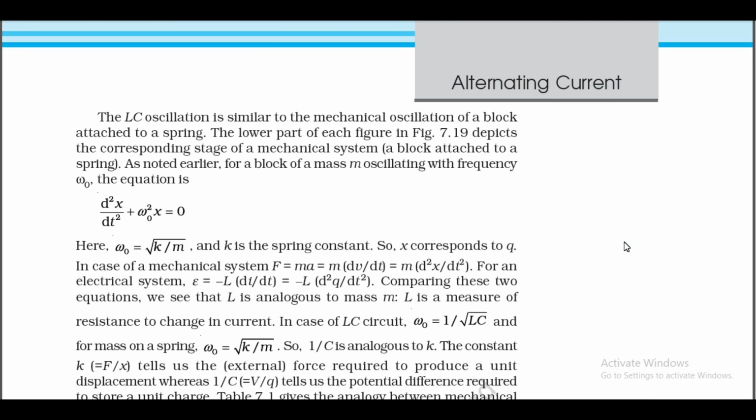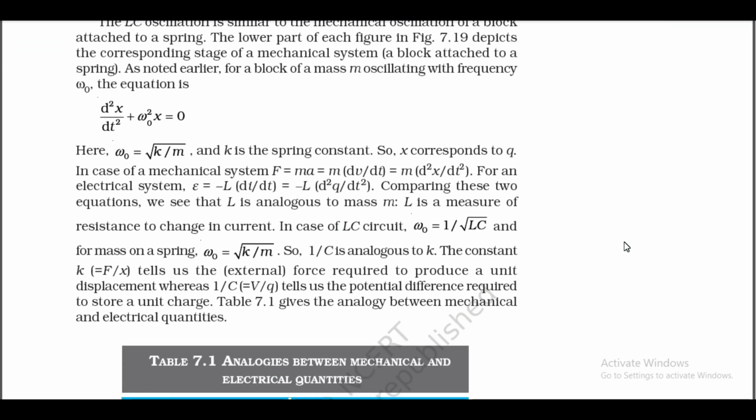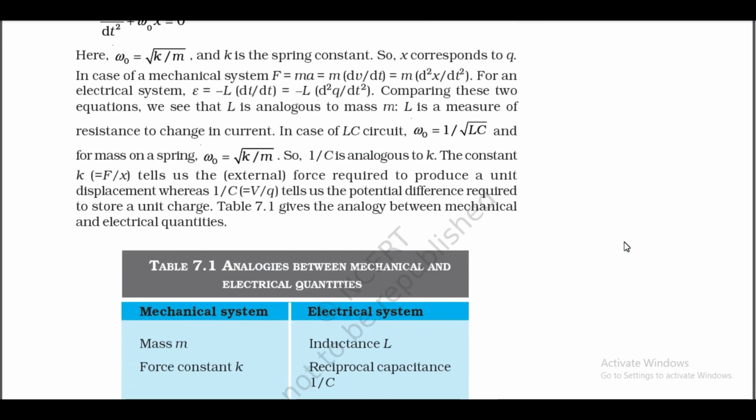So 1/C is analogous to k. The constant k, equal to F by x, tells us the external force required to produce a unit displacement, whereas 1/C, equal to V by q, tells us the potential difference required to store a unit charge. Table 7.1 gives the analogy between the mechanical and electrical quantities.